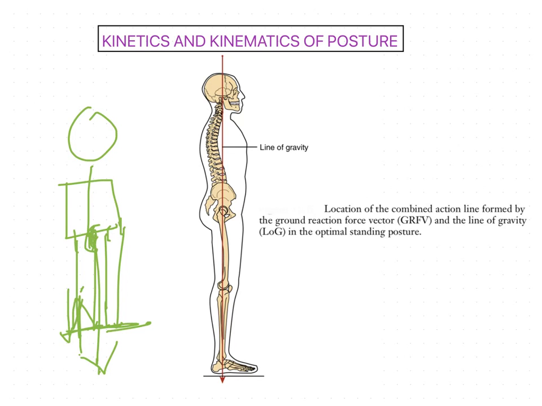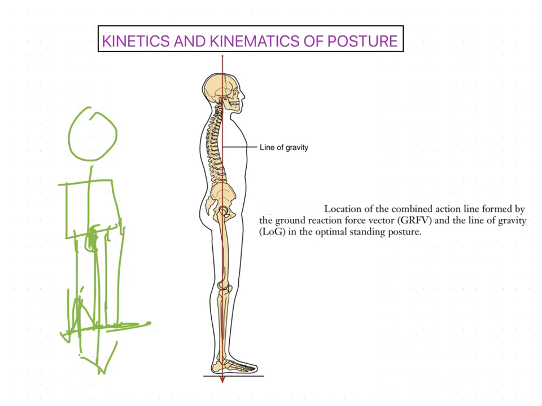So if a person wants to be in equilibrium, then all the forces, the external forces and the internal forces which are produced on the body and by the body, must be equal to zero, to keep the body in equilibrium.